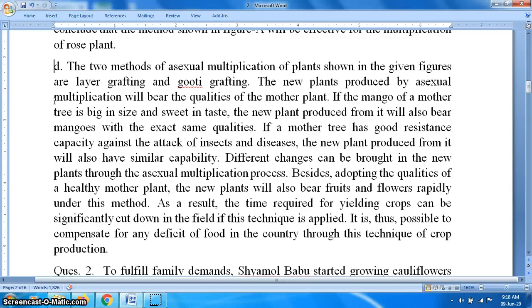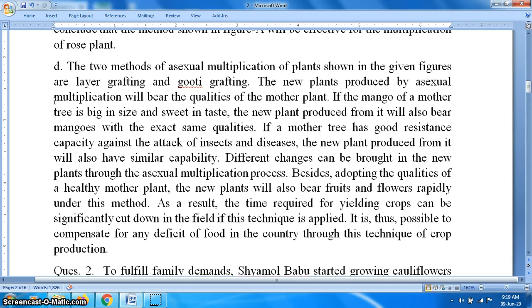The new plants produced by asexual multiplication will bear the qualities of the mother plant. If the mango of a mother tree is big in size and sweet in taste, the new plant produced from it will also bear mangoes with the exact same qualities.